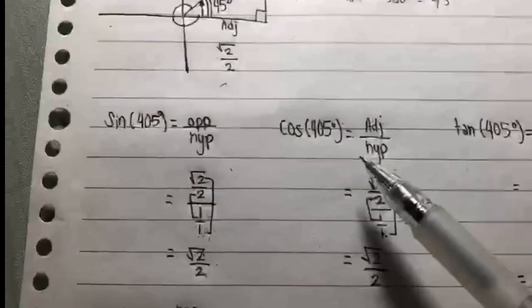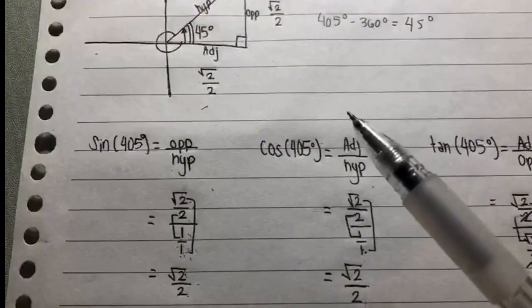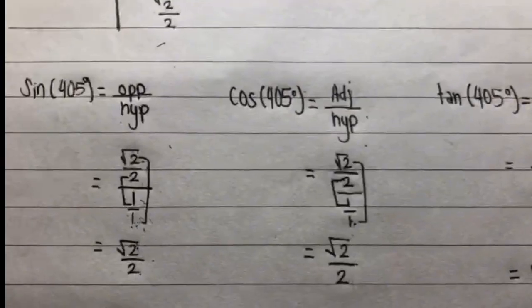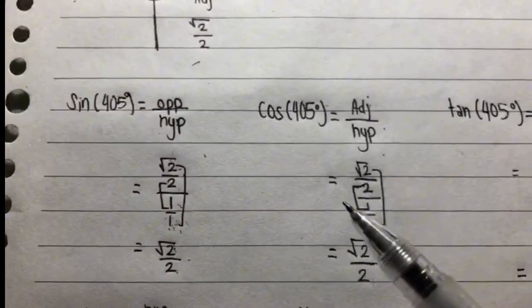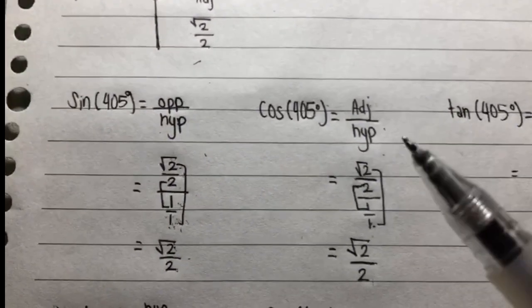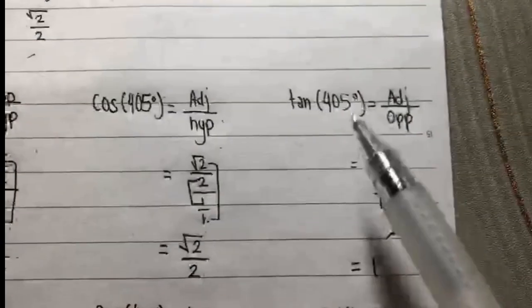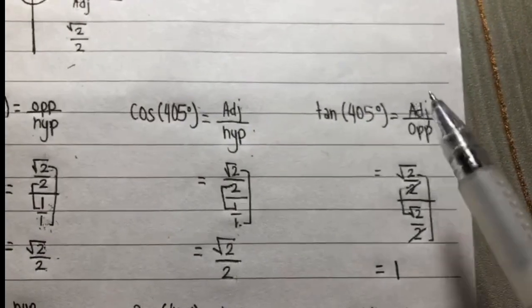For cosine 405 degrees, it's adjacent over hypotenuse. The value of our adjacent is square root of 2 over 2, and the hypotenuse is 1. So, we just substitute the values of adjacent and hypotenuse. The answer we get is square root of 2 multiplied by 1 is square root of 2. 2 times 1 is 2. For TOA, or tan 405 degrees, it's adjacent over opposite.